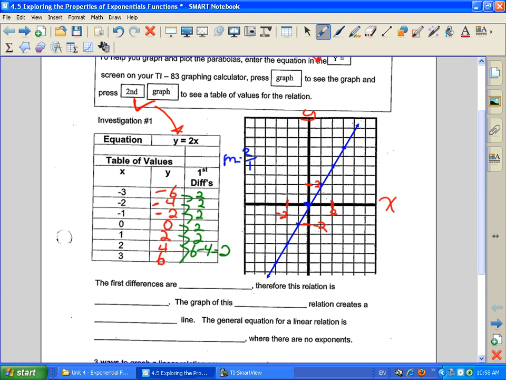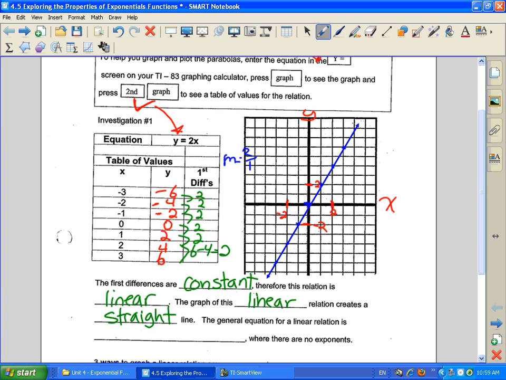So the first differences are constant or the same, whatever you want to put down there. Therefore, the relation is linear. Okay, the graph of this linear relation creates a straight line.